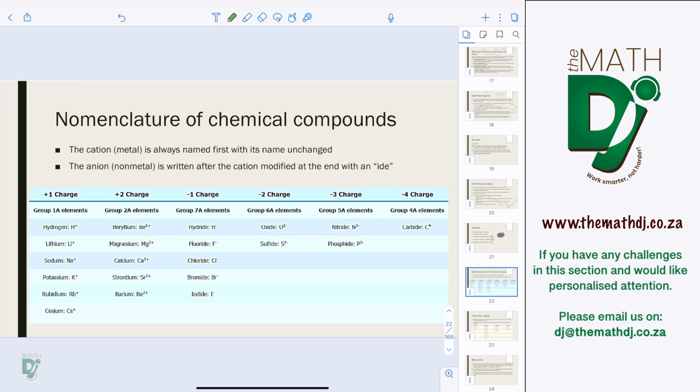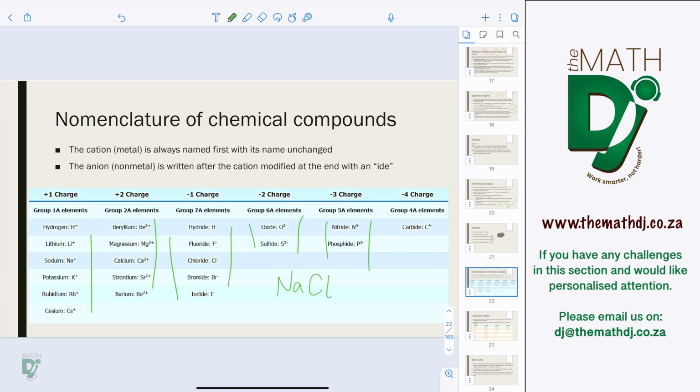So let's give an example. Hydrogen is not a metal. Lithium, all these, you see, these are the groups. Negative. So let's say we talk of sodium chloride.